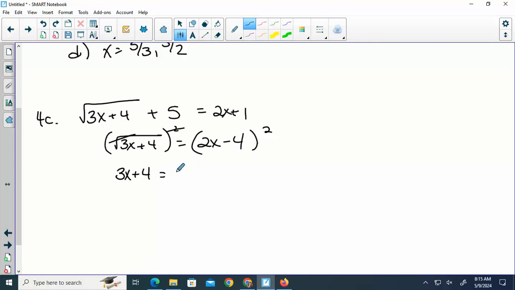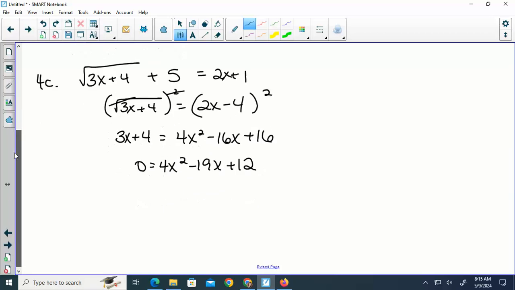Over here, if we write it twice and FOIL, we get 4x squared minus 16x plus 16. Set it equal to 0, so if we subtract over the 3x, subtract over the 4, what would we have to do at this point? Flip and slide.